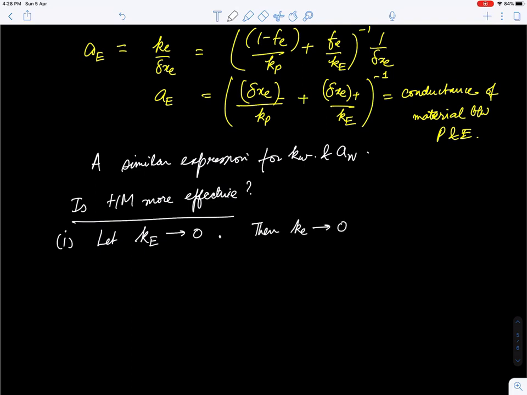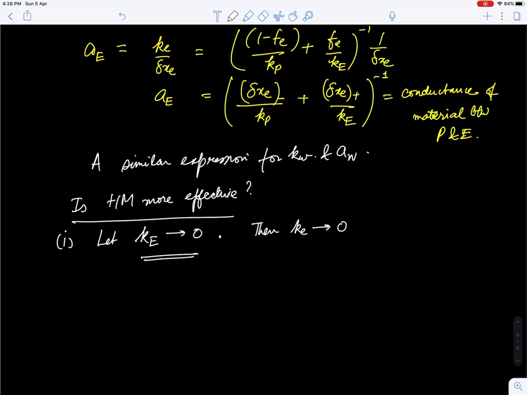Now in this case, ke should effectively be 0, because the material at point E is acting like an insulator, or it's an adiabatic boundary. So effectively the flux going in there should be 0.